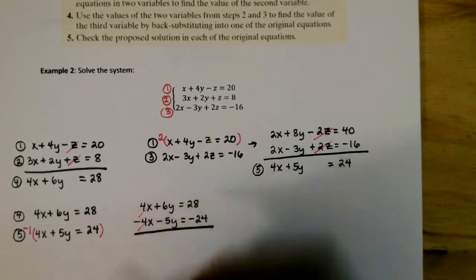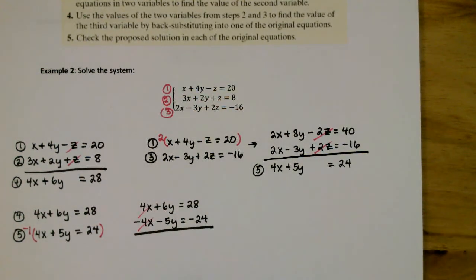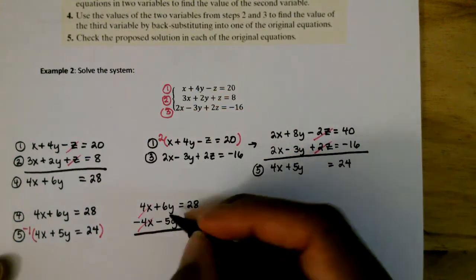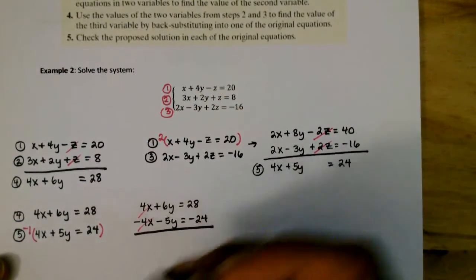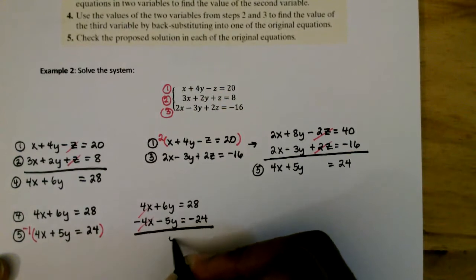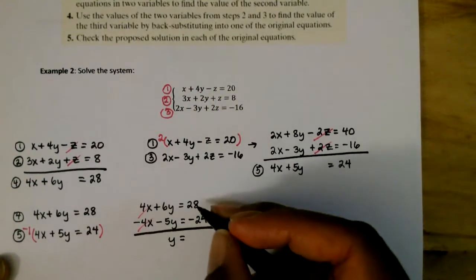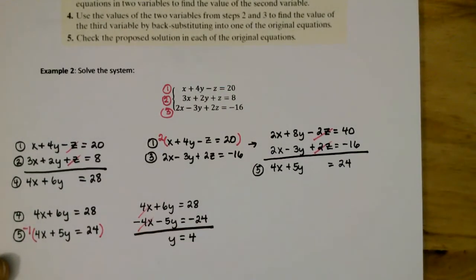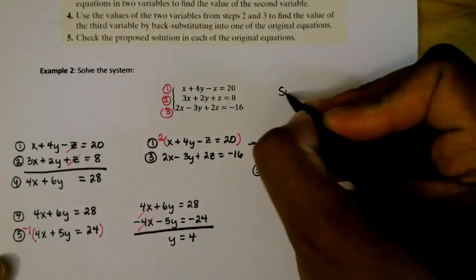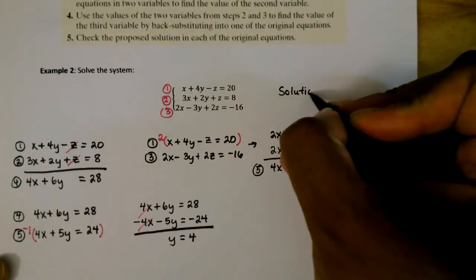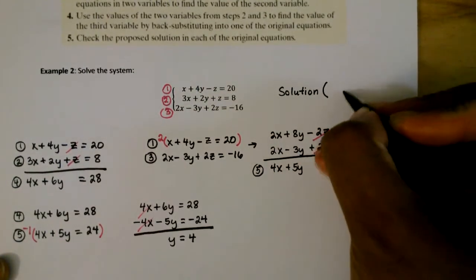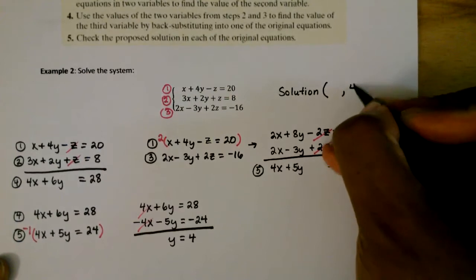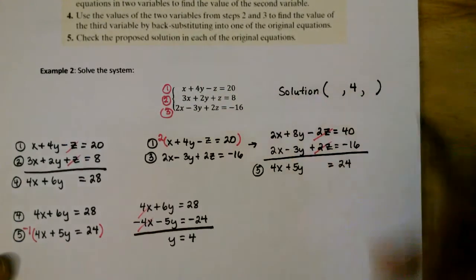And what's going to happen here is the negative 4x and the plus 4x, they're gone. So now, adding these 2, 6y and the negative 5y will be 1y, or just y, is equal to 28 plus negative 24, which will be 4. So I know one of my values here in this ordered triple would be 4. So I know y is going to be equal to 4.